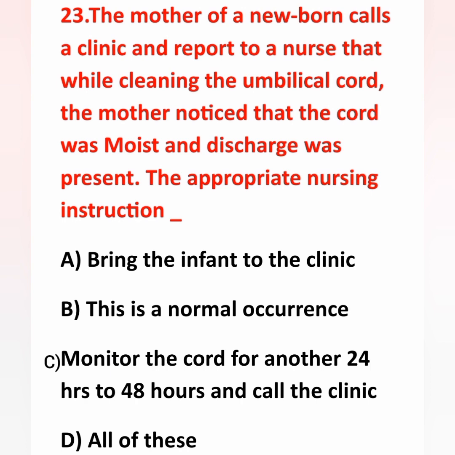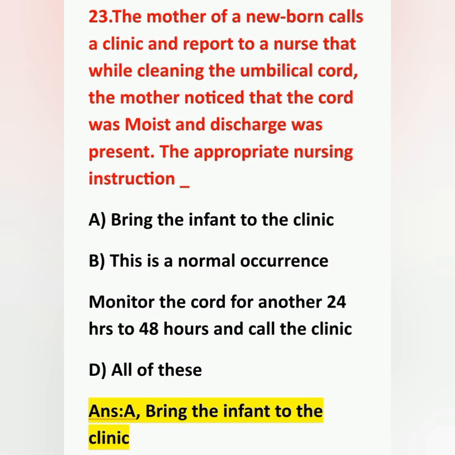Here in this question, the mother of a newborn called the clinic and reported to the nurse that while she was cleaning the umbilical cord of her baby, the cord was moist and discharge was present. While hearing this, what nursing instruction can the nurse give?